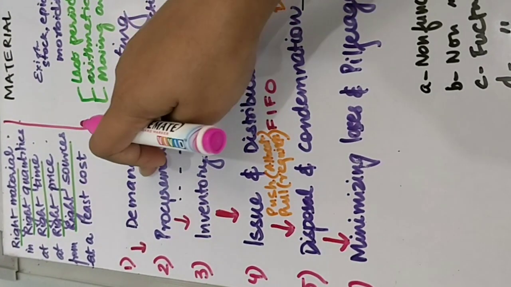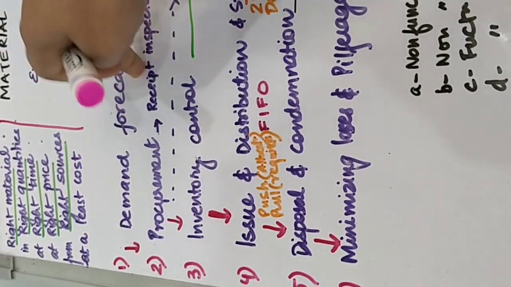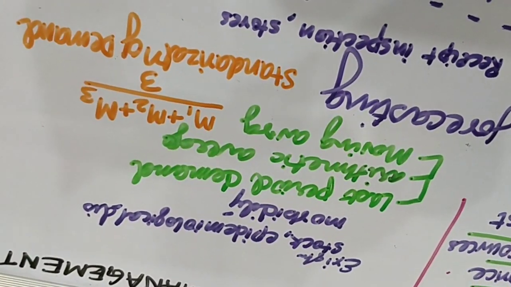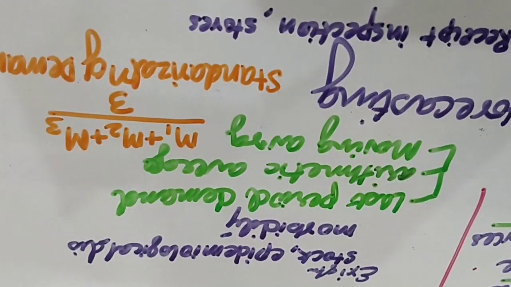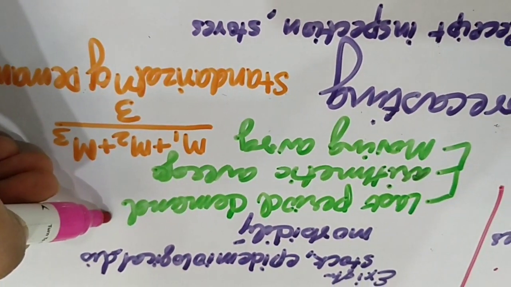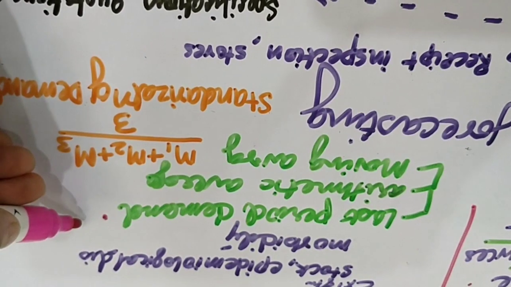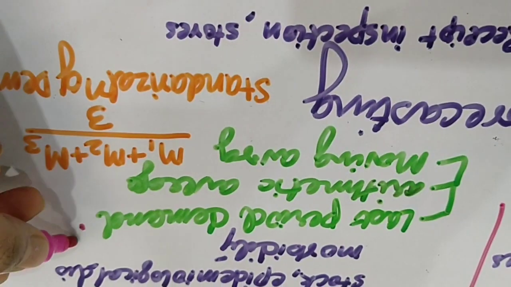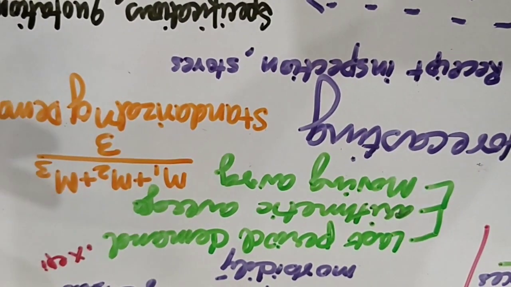Okay, so number first is how do we forecast what will be our demand. This will depend upon these 3 things. Okay, number first is last period demand. Last period demand means the amount that was taken in the last month. Like if we have to order for August, we'll see what was the supply in July. So this would not take care of the epidemiological distribution pattern of some disease.